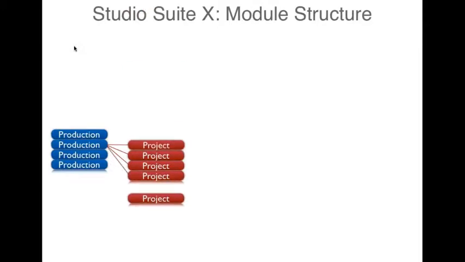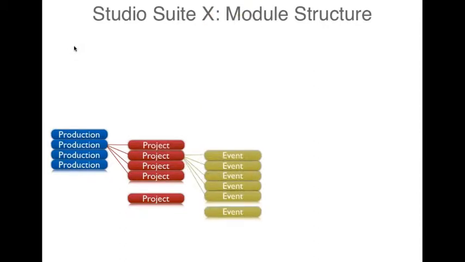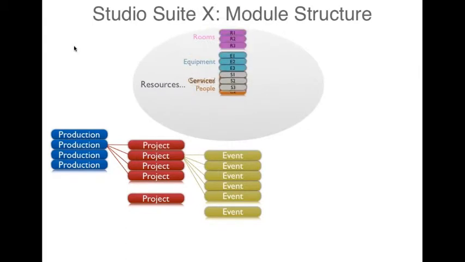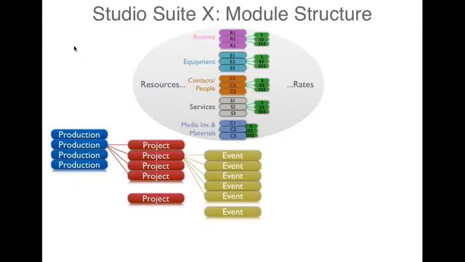And then within each project, you can have one or more events. And an event is when we take one of our resources, which is what we're going to be creating today. And our resources are rooms or equipment or contacts, clients, vendors, or services, or media inventory and materials. When we combine those with a date and a time, actually, when we have rates for those things, and then we combine the resource, the date, and the rate, that is what we call an event.